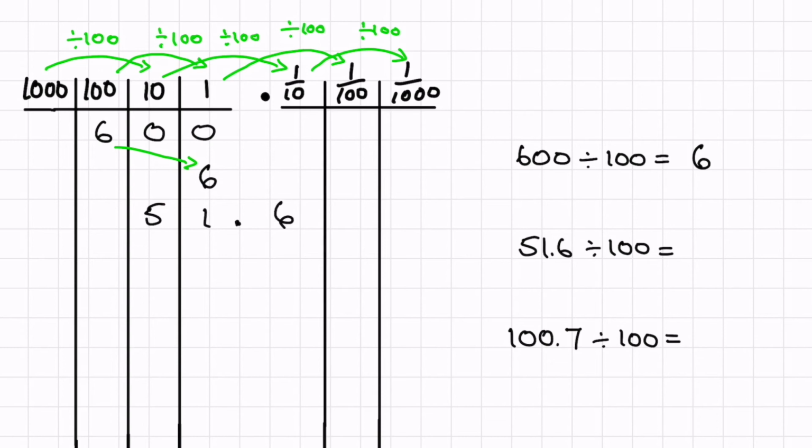Let's look at the first digit of 51.6, which is 5. So the 5 is going to move 2 columns to the right. So the 5 moves from the tens column into the tenths column. And then the other digits should follow suit. We've got the 1 and the 6 like so.